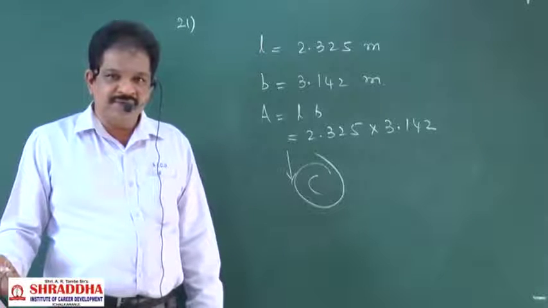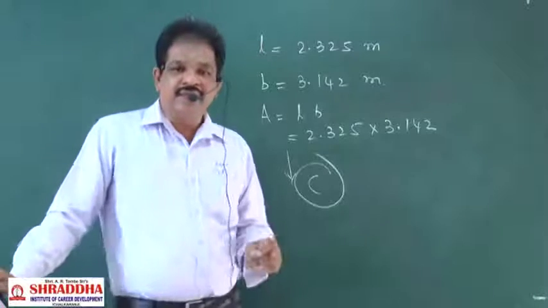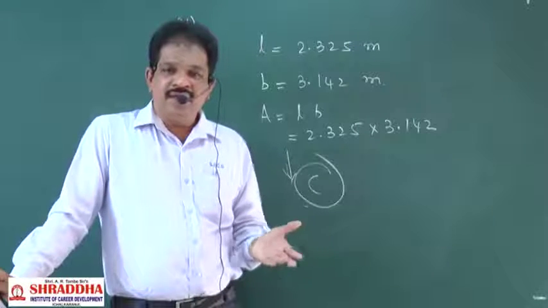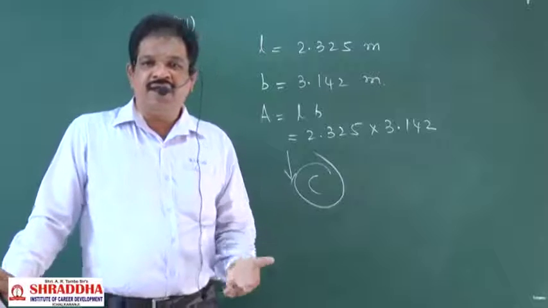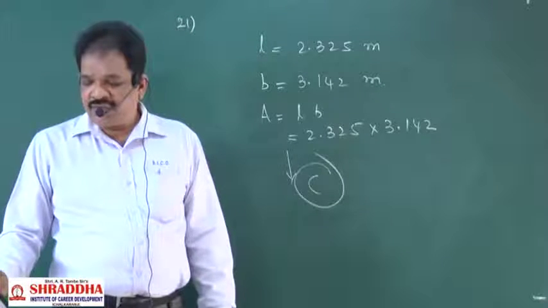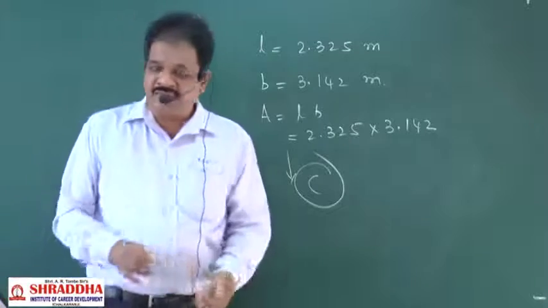Why? In C only 4 significant figures are there. The remaining A, B and D will have more or fewer significant figures, so those will not be the answers.